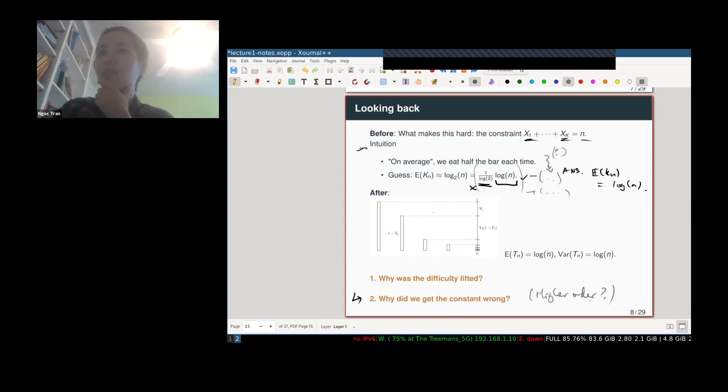So you're saying I'm doing a first order approximation here: on average I eat half a piece, and that's why I end up with log base 2. Maybe I should have been more fine and said I'm eating half the piece, but there should be some adjustment on that half, since there's an actual distribution around that half.